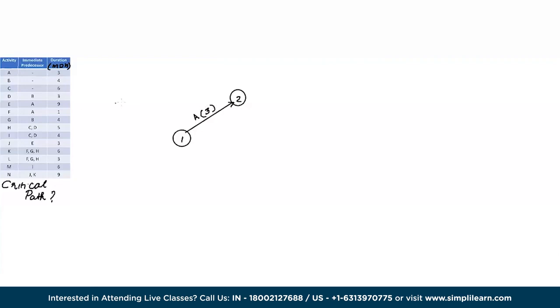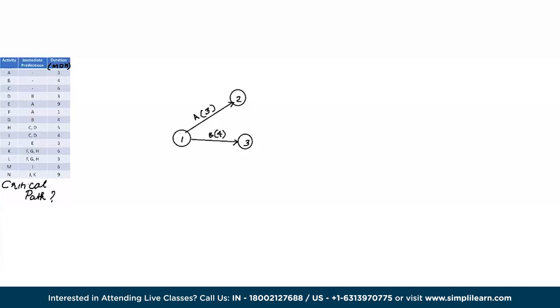Likewise, let's have a look at activity B. It also does not have an immediate predecessor. Let's see which other activities have B as its immediate predecessor. We have activity D as well as activity G. So let's draw that too. It's node 3, B, 4 months duration.